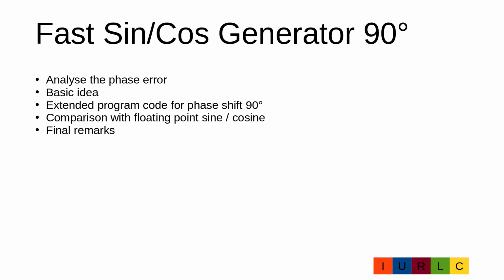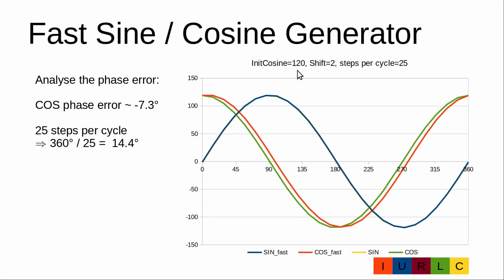With init cosine 120 and shift 2 we have 25 steps per cycle. So we have 360 degrees divided by 25 is 14.4 degrees per step, and we have a phase shift error of minus 7.3 degrees.